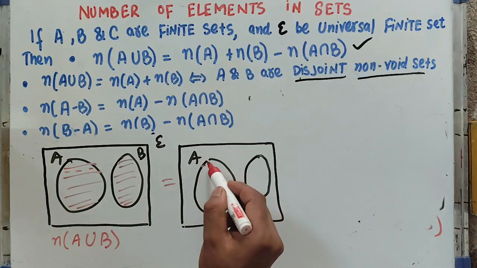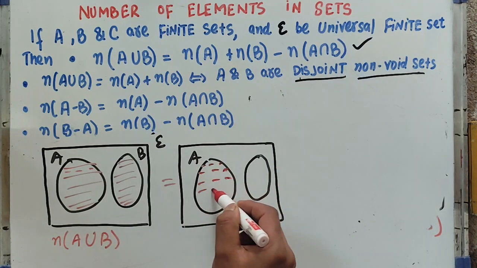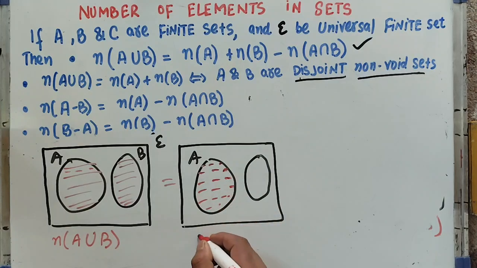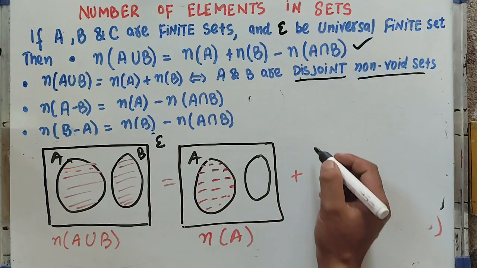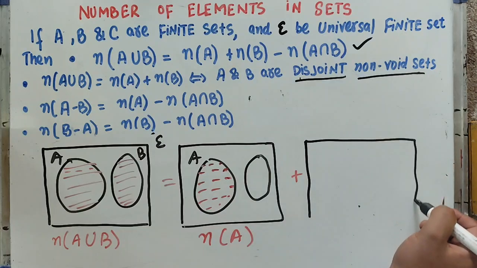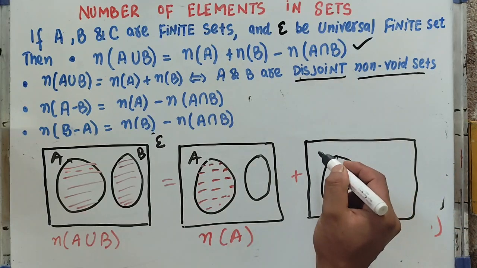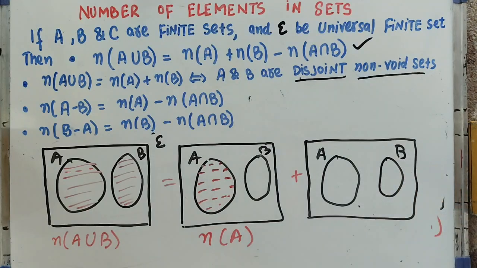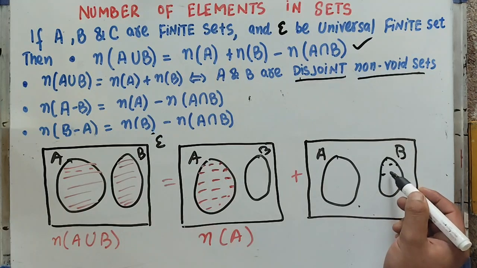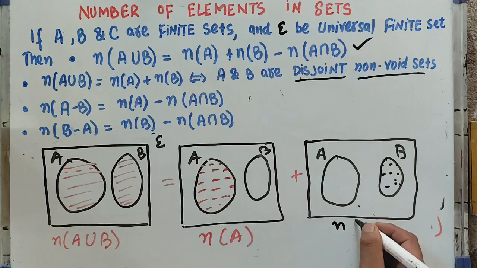It is pretty simple to see what our result will be. It will be equal to the number of elements present in set A, so n(A), plus the number of elements present in set B. So this is straightforward.